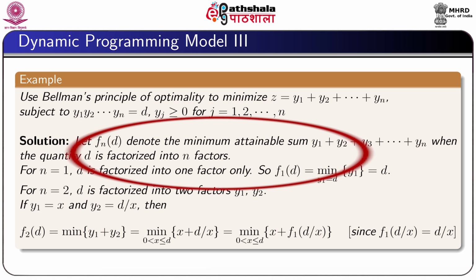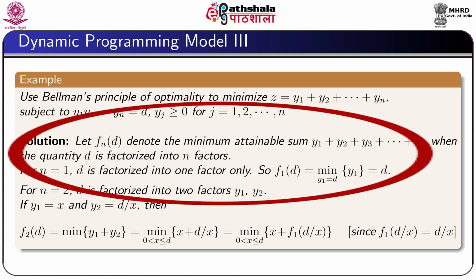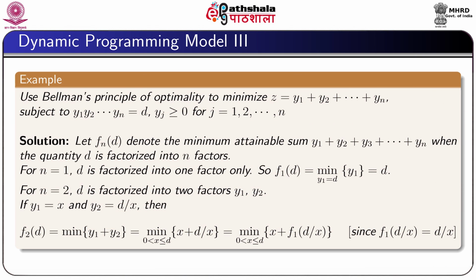Let fn d denote the minimum attainable sum of y1 plus y2 plus y3 plus dot dot dot yn when the quantity d is factorized into n factors. For n equal to 1, d is factorized into one factor only. So, f1 d is equal to minimum of y1, which is equal to d.